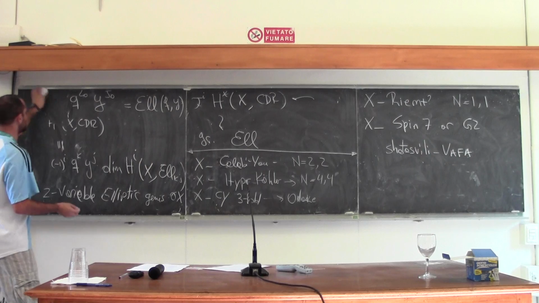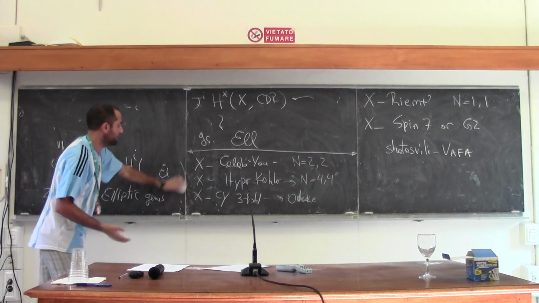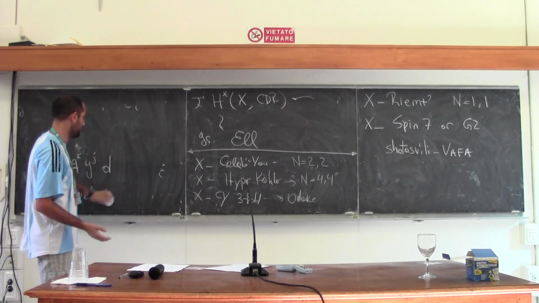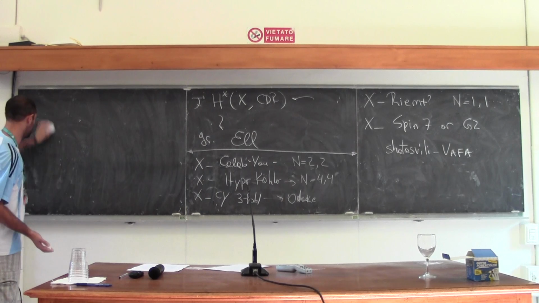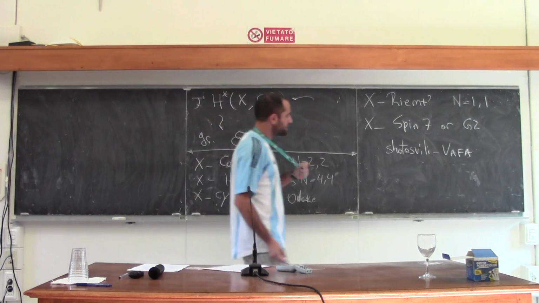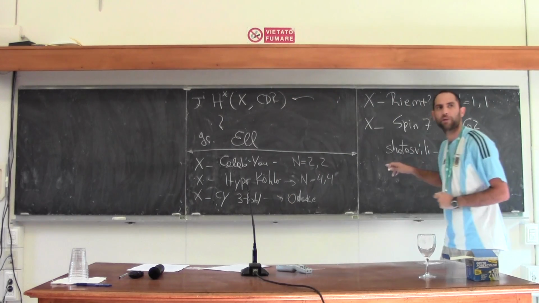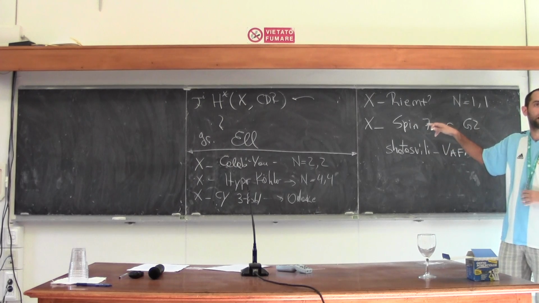So the question is, why? If the Cattaneo complex sees the same supersymmetries that physicists are hoping to get at the quantum level, what is the connection between these two things? When it's Spin 7 or G2, what kind of supersymmetry? It's complicated because these algebras are Hamiltonian reductions, quantum Hamiltonian reductions of super Lie algebras.